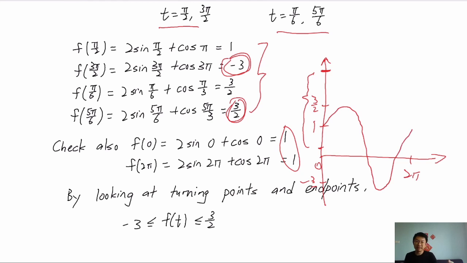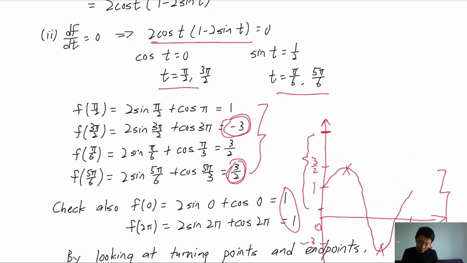In this case, the range is determined by the maximum and the minimum point. So we can safely use this maximum and minimum point as the range. That will be the range for this curve. All right, so that will be for our second part.